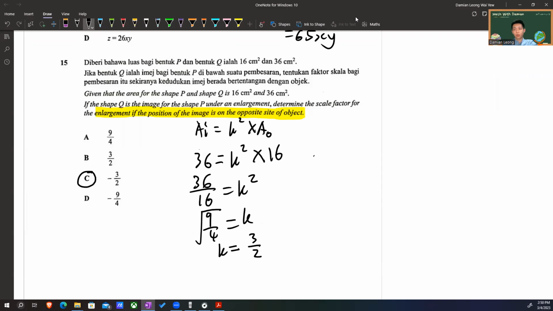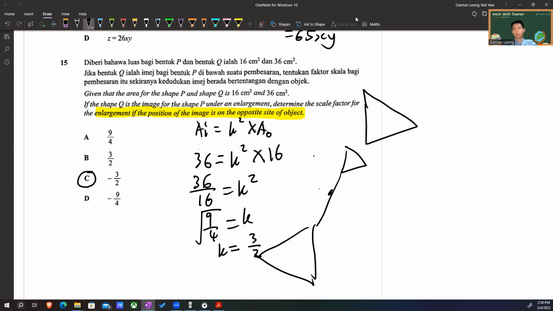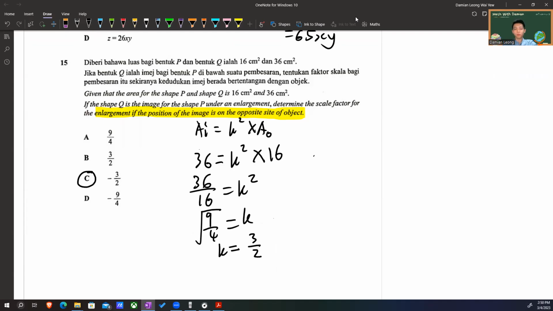Because if it's on the same side, then it will be a positive scale factor like this. If it's on the opposite side, like that, that means it's a negative scale factor. So that is also something you need to be aware of.